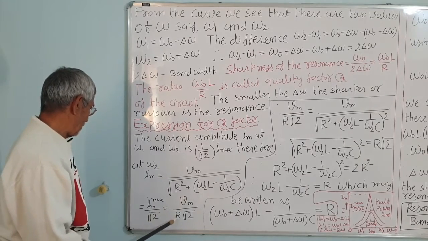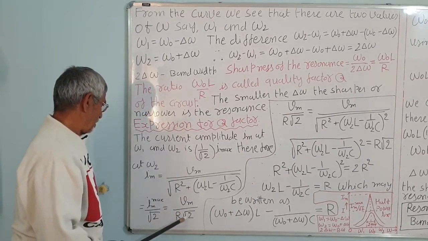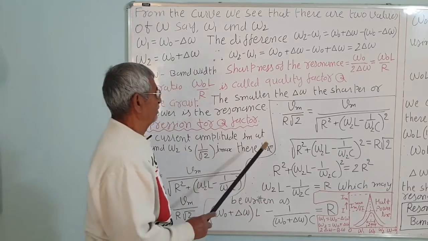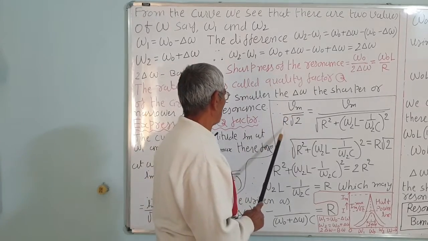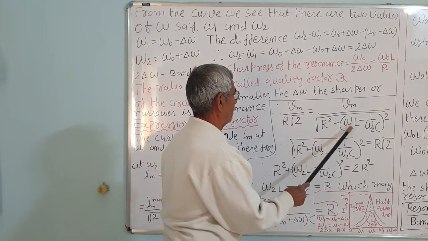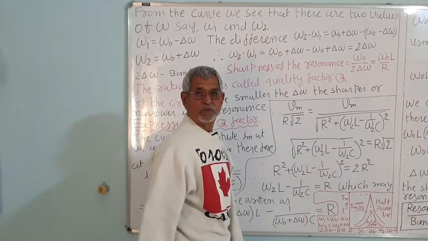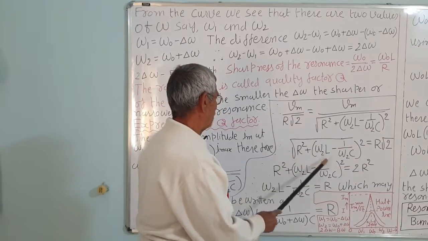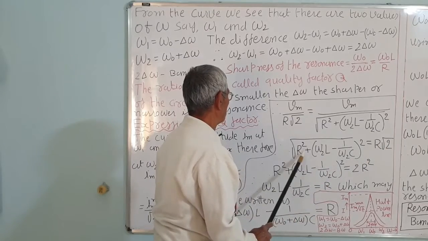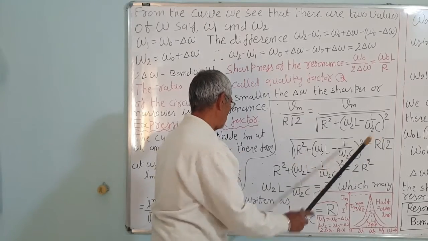So Vm upon R under root 2 equals Vm upon under root R square plus omega 2 L minus 1 upon omega 2 C, raised to square. That is, the impedance becomes R under root 2.